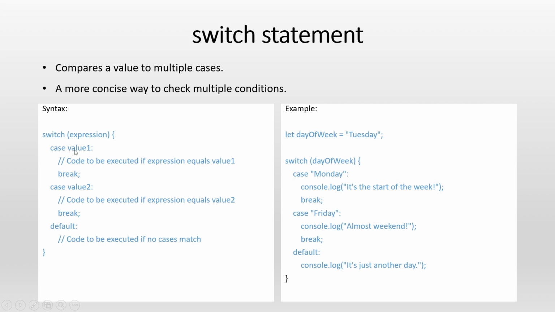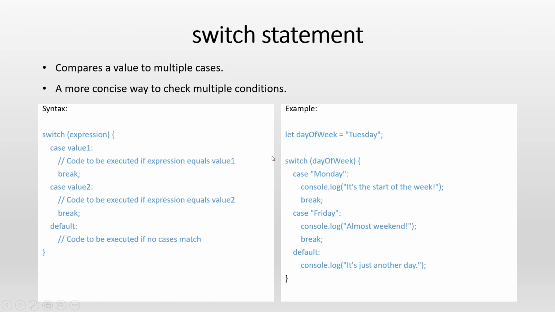This is the syntax of the switch statement. If none of the cases match the expression, we write some default code, giving a default output. For that purpose we use the default keyword.